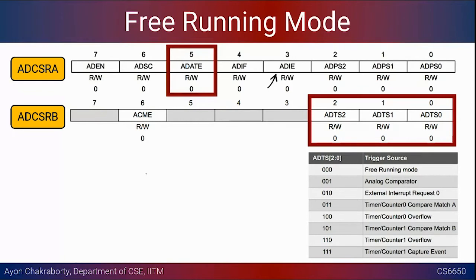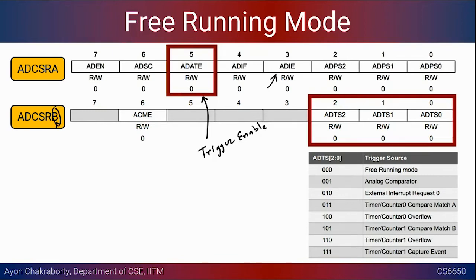And there is this free running mode where there is something known as a trigger. It will keep on triggering, so it is called trigger enable. This trigger will be enabled as a response to a certain thing, and that certain thing is determined by the other register, which is the SRB register.